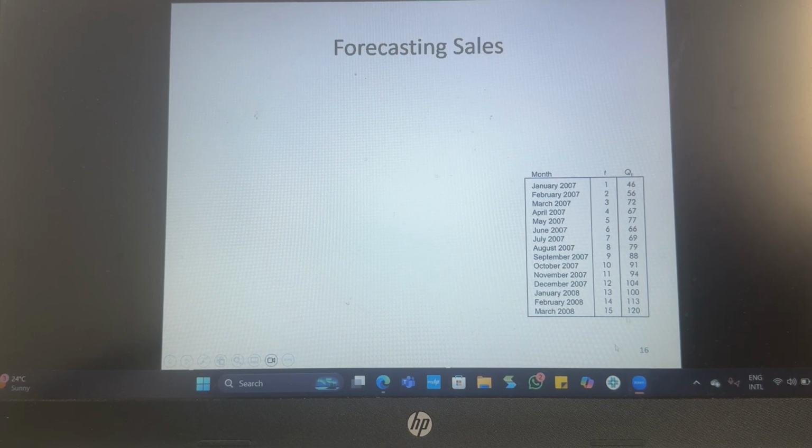If I put 20 here, you should be able to tell the time period. What is the time period for 20? August. August, in which year? 2008. Likewise, you should be able to identify the real time period by this number.